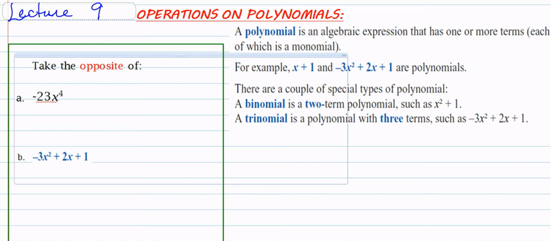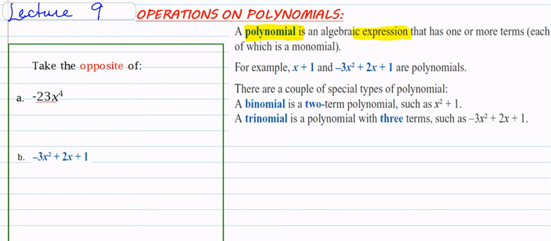And so what's going on is this is like the same type of thing you've been doing in a different context, okay? A polynomial basically is just an algebraic expression. It's got one or more terms. Each term individually is called a monomial.